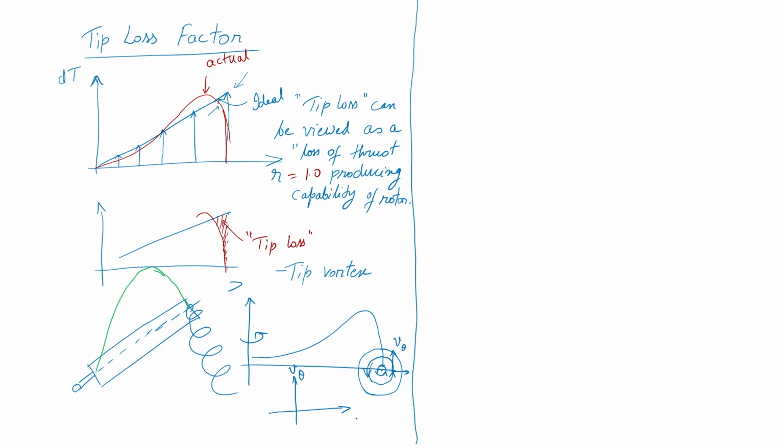So, this is V theta versus R. Yeah, so it behaves like this basically. Okay. So, that is how the, so this is the velocity field as a function of your radius.